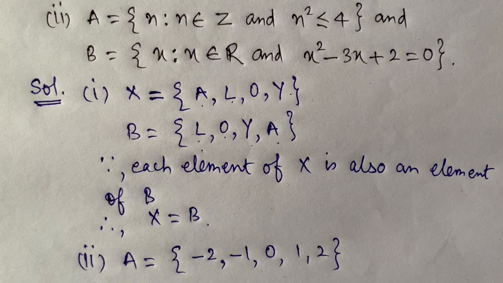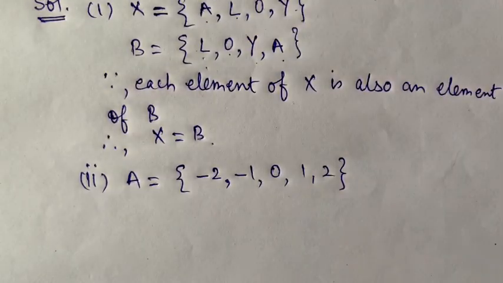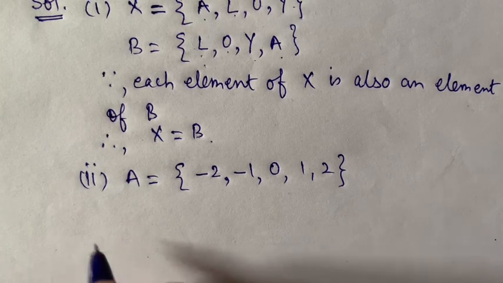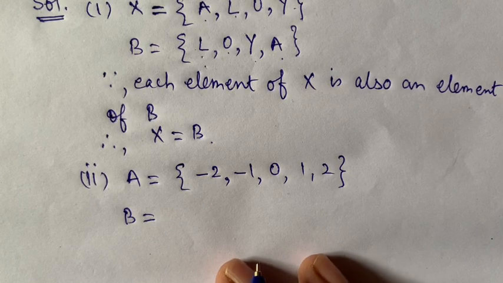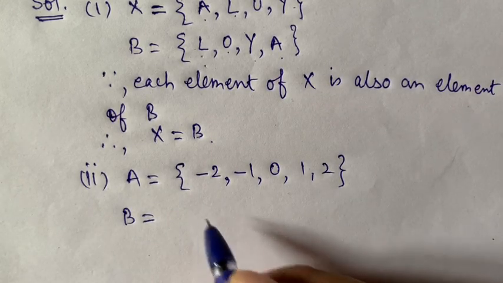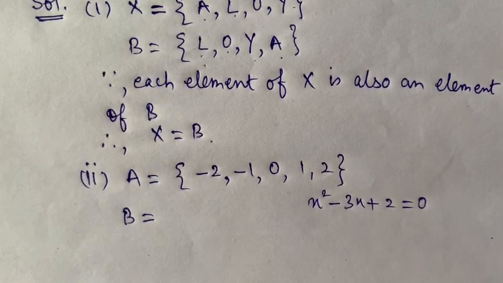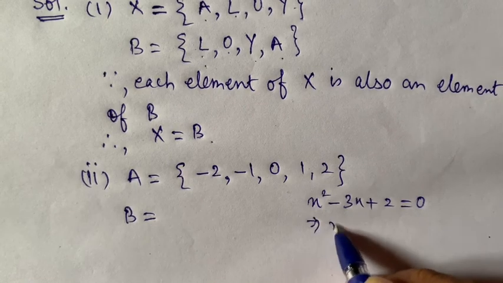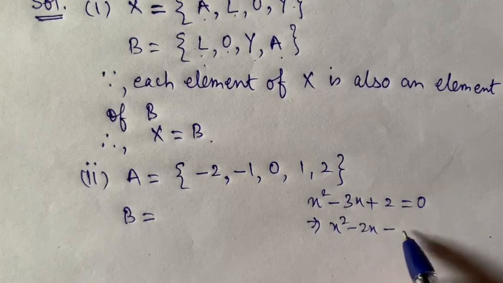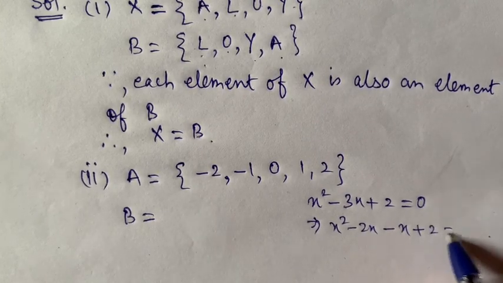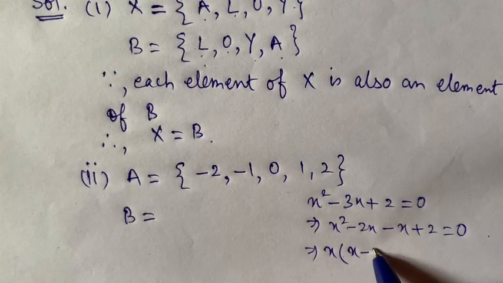Now we will consider the set B. For set B we have x such that x belongs to R and x square minus 3x plus 2 equal to 0. When solved, it will be solved like this. It will be x square minus 2x minus x plus 2 equal to 0. Now we can take x common from the first two terms.